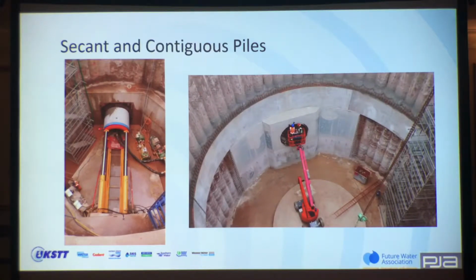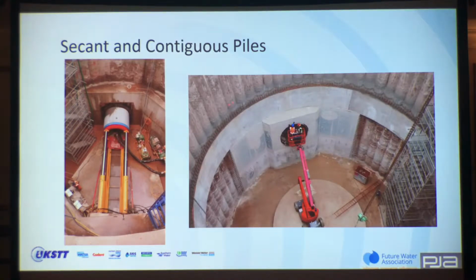This shaft had to accommodate a microtunnel which went under the railway to provide the final connection into the pumping station, but it also had to accommodate a 2.85 segmental tunnel drive in the opposite direction. So the reason it's 12.5 metres in diameter is to accommodate the larger diameter tunnel and the space that needs, rather than the microtunnel.